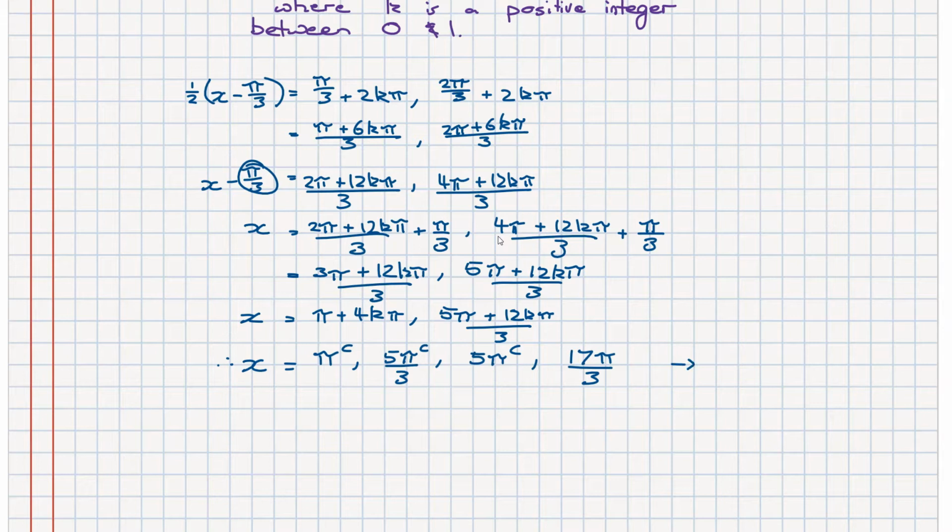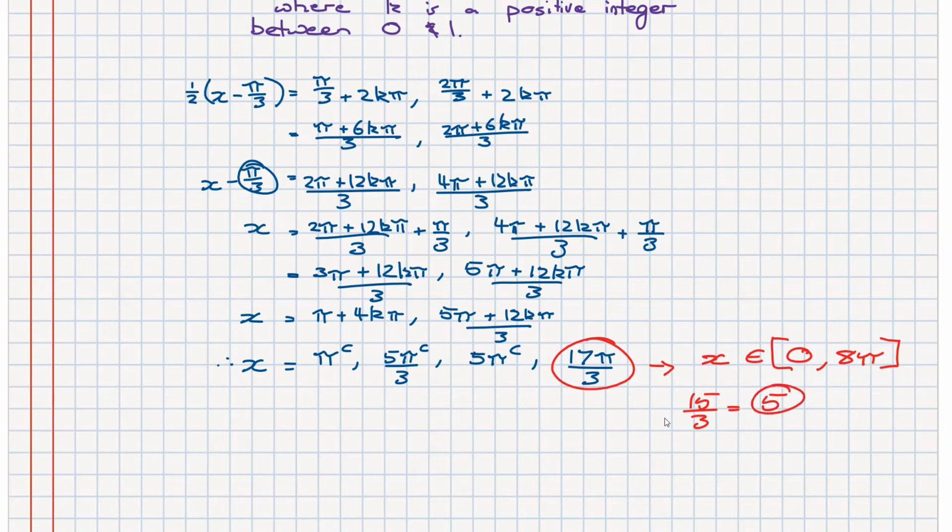Now if we do it in a different color, if we go back and we compare it to the domain of 0 to 8 pi, what we need to make sure is that our first solution is above 0 and our final solutions are below 8 pi. So 15 divided by 3 is going to be 5.